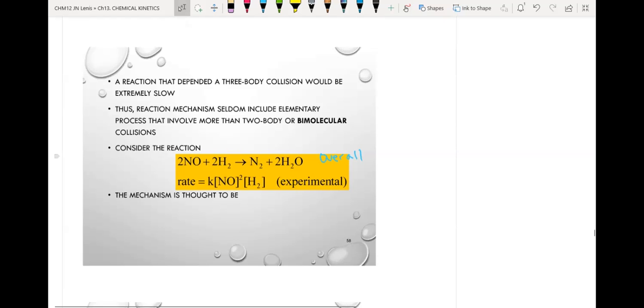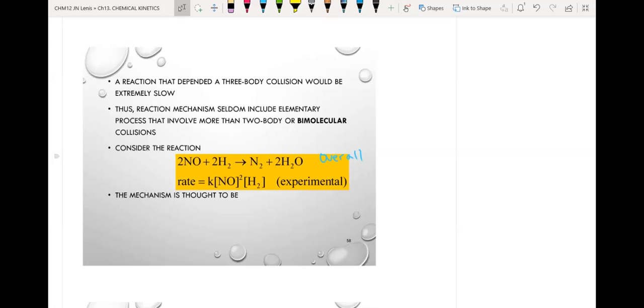And somebody conducted the experiment, and it was found that the rate law for the overall reaction is K, the rate constant, times concentration of NO to the second power times concentration of H2 to the first power. That's an experimental rate law.